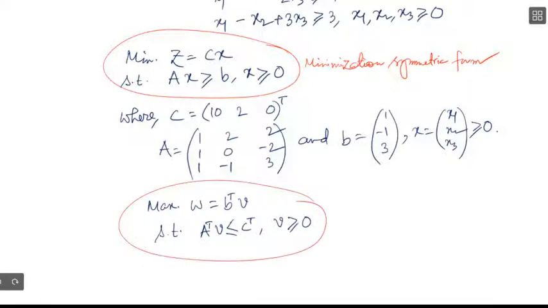This form is known as maximization symmetric form, and if this is the primal problem, the first one, minimization symmetric form, then its dual will be in the maximization symmetric form, and vice versa.